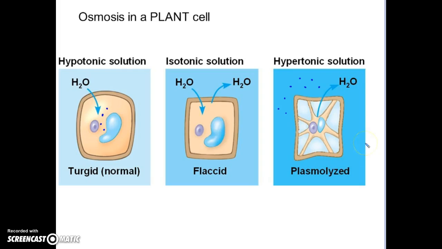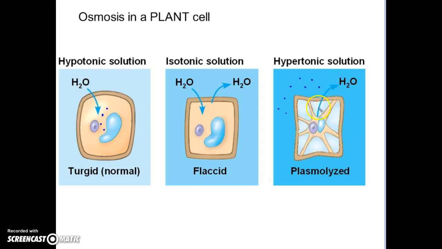And this happens a lot in areas like Florida where fresh water and salt water mix, and there are some organisms who are unable to live in fresh water but can live in salt water, and other organisms who can live in salt water and can't live in fresh water. So if we were to take a freshwater organism like an Elodea and place it into the Gulf of Mexico, we would get this type of situation where all of the water from inside of the plant cells would actually leave.